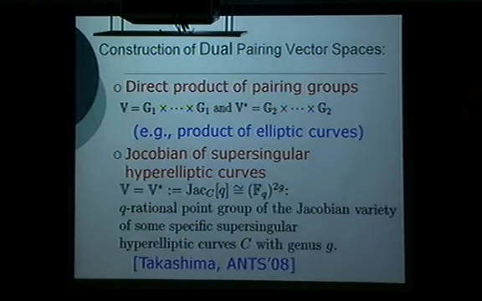This is a bit more complicated than the direct product of pairing groups, but in many cryptographic applications I think it is much better. The direct product construction has a lot of restrictions in implementation, and the other is easier to implement. After that, I assume this construction for this space.